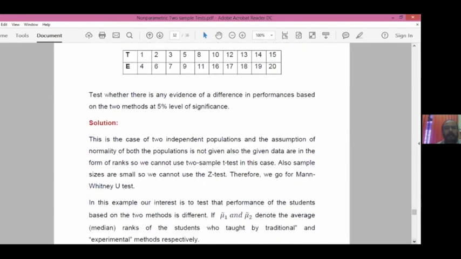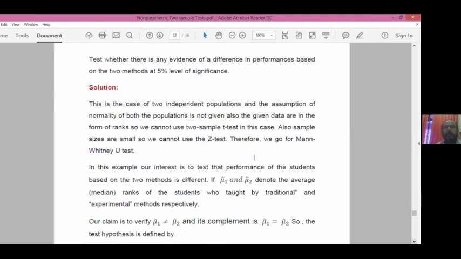This is the case of 2 independent populations, and the assumption of normality of both populations is not given. Also, the given data are in the form of ranks, so we cannot use the 2 sample t-test in this case. Also, the sample sizes are small, so we cannot use the Z test either. For the Z test, we need a large sample. Therefore, we go for the Mann-Whitney U test.